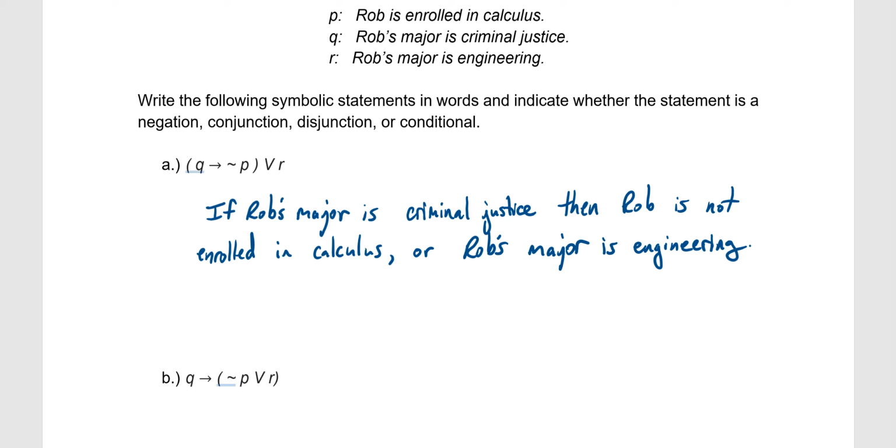So trying to figure out if this is a negation, conjunction, disjunction, or conditional, we have to look at essentially what is being done outside the parentheses. So the thing outside of the parentheses is going to be this disjunction. So since the disjunction is outside of the parentheses, this whole statement as a whole is a disjunction. Even though there's a conditional and a negation in there, it is whatever is outside the parentheses.